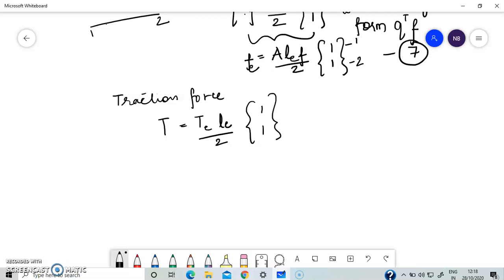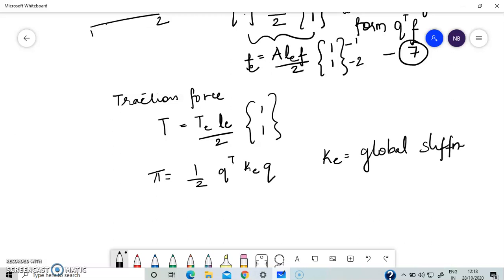So the element matrices K E, F E, T E are obtained after the element connectivity is established and the potential energy is written as pi equals half Q transpose K into Q. So we know here K is the global stiffness matrix. This concept of local stiffness matrix and global stiffness matrix will be clear once we solve examples based on this.